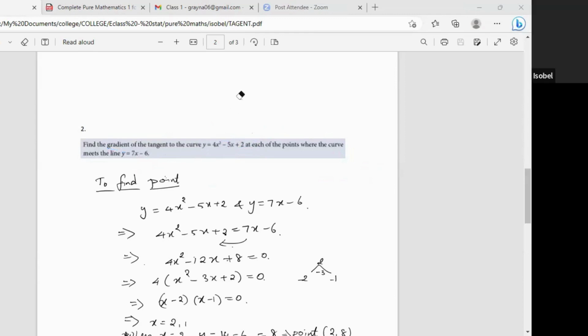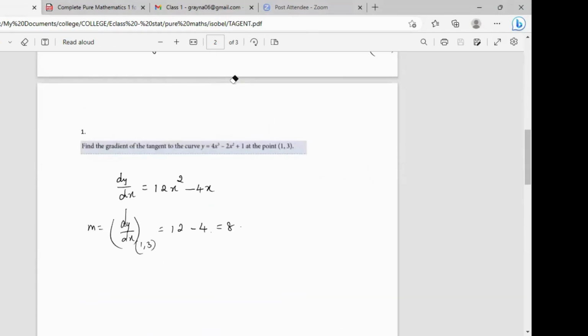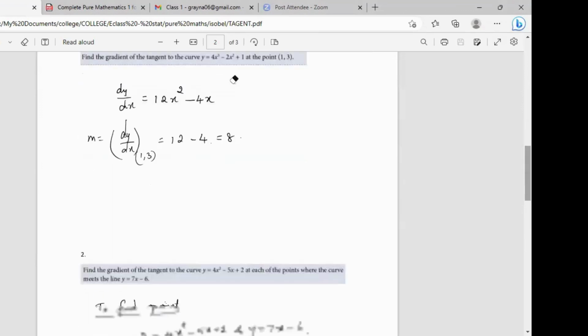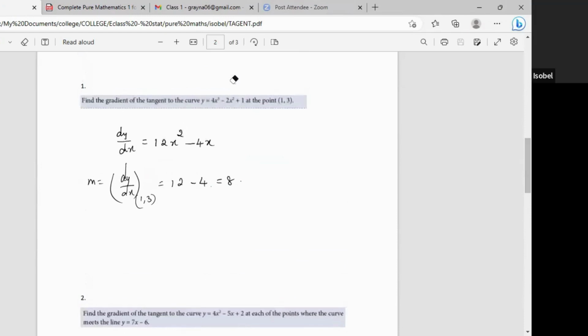I'm a bit confused about what we're trying to do. What's the gradient exactly? Are you clear about the concept of gradient? No, not completely. Okay, we will do these two problems once more. I will do this problem once again so that it will be understandable to you.